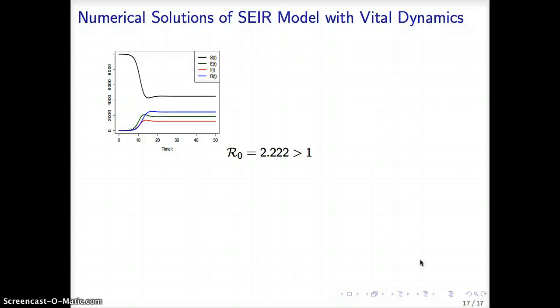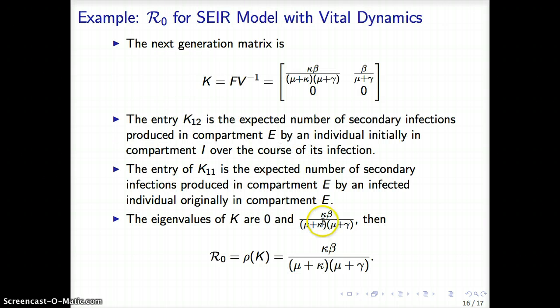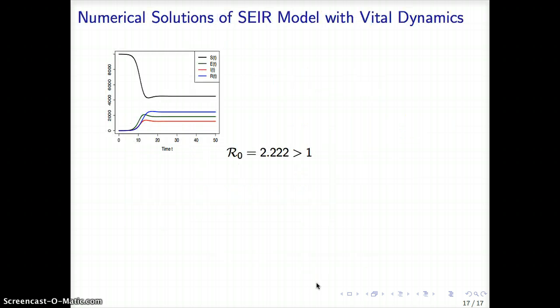You can code this up in R using lsoda, and you can choose values of kappa, beta, mu, and gamma such that, when you plug them into this expression, it is greater than 1. That's exactly what was done here, setting parameter values such that that expression exceeds 1.